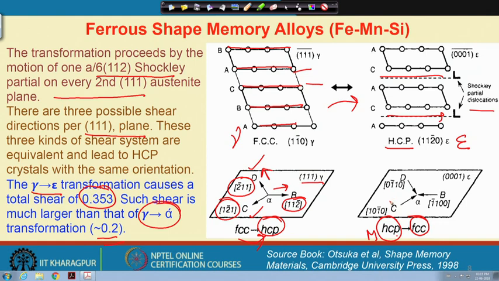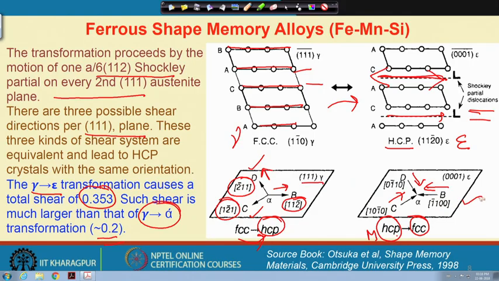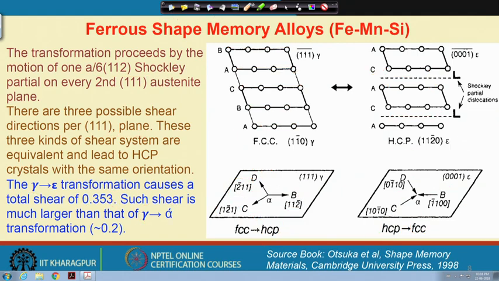However, one should remember that these partial dislocations, where they went in a particular direction, should come back. So, there should be a reverse movement of these partial dislocations, and only then will the shape recovery occur. I will summarize that in a minute.